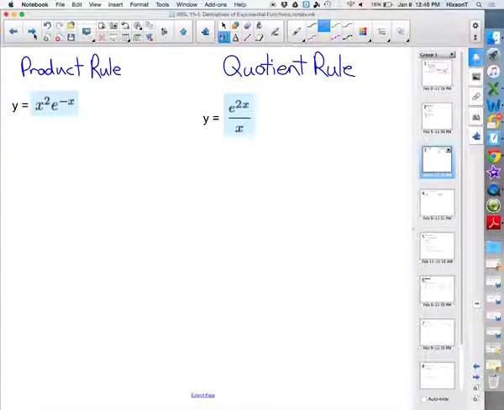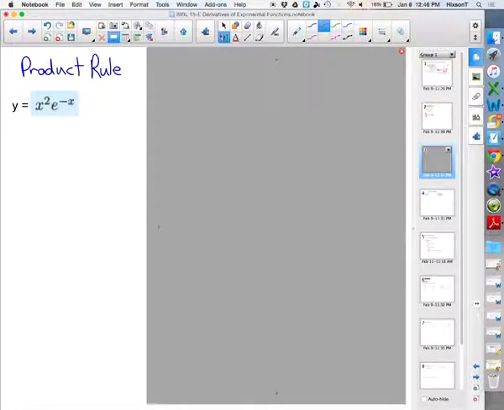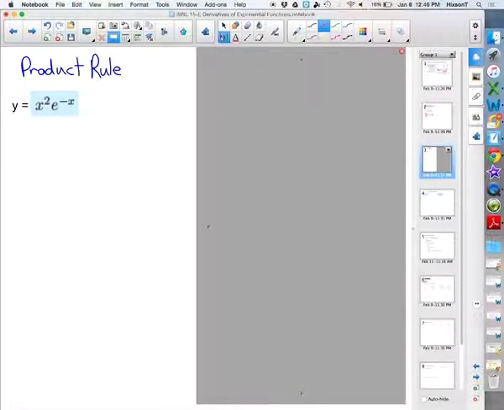This applies when we're doing the product rule and quotient rule as well. Let's start here with one with the product rule. u is our x squared. v is e to the negative x. So u prime is 2x.